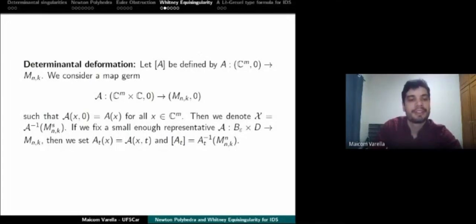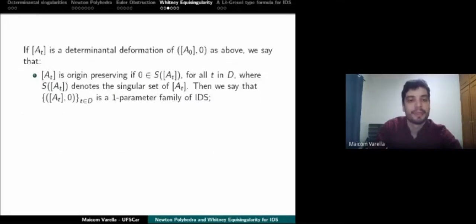And if we fix a small enough representative A, then we set A_t(X) equal to A_X at the point t, and use this notation. If A_t is a determinantal deformation of A_0 as above, we say that A_t is origin preserving if 0 is a singular point of A_t for all t in D. Then we say that A_t is a one-parameter family of IDS.